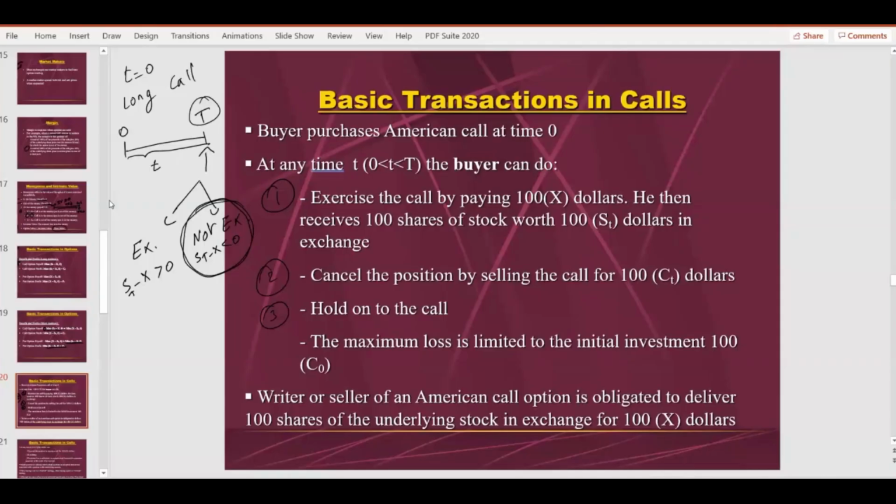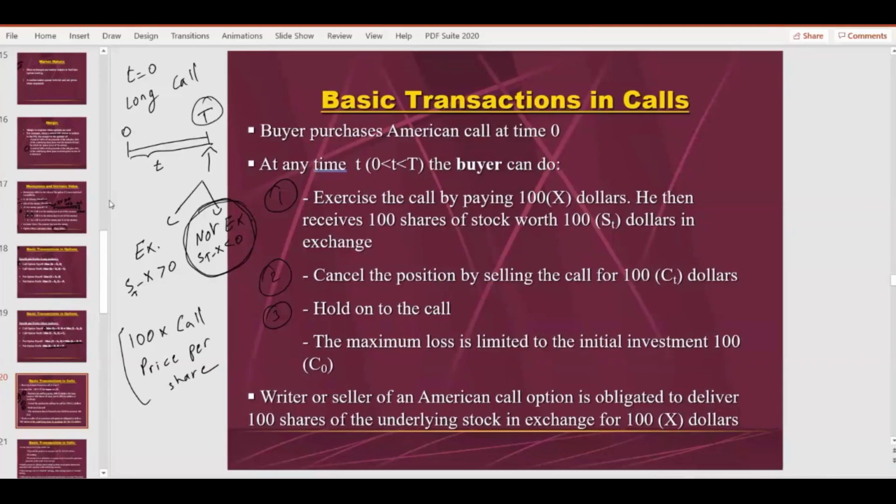So the loss for the investor in this case is mainly the premium paid for that option, which is 100 times the call premium, or the call price per share. So this is going to be the maximum loss for the party with the long position.